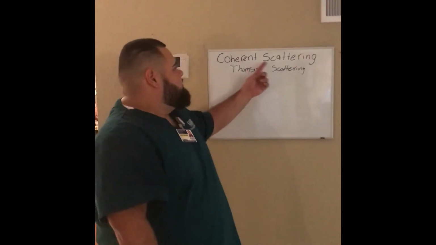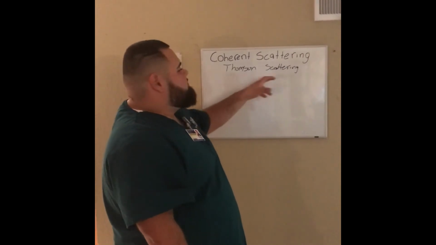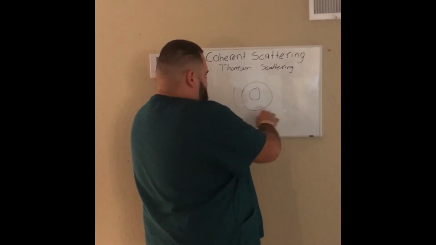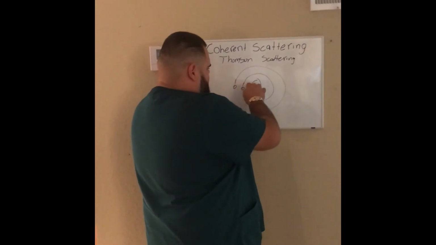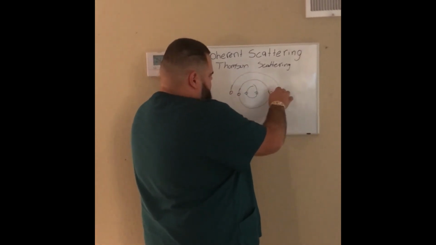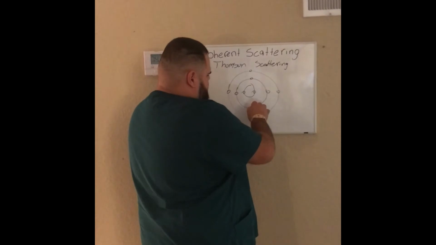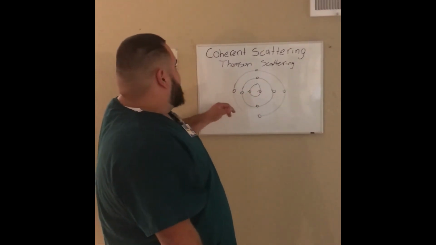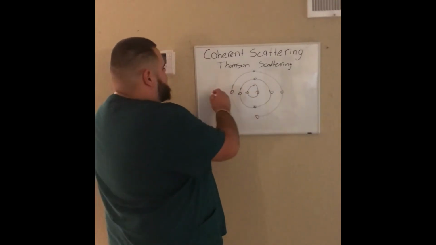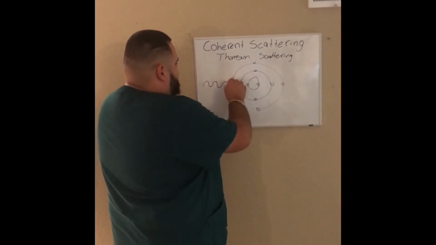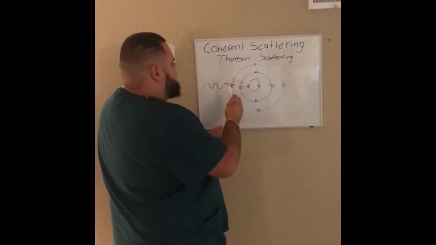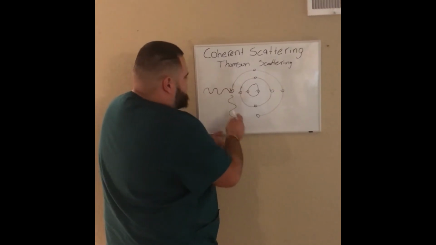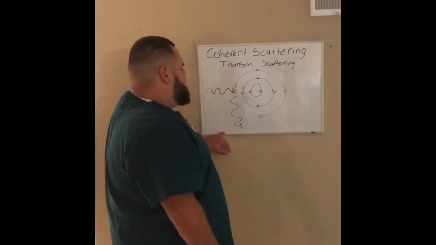The next type of coherent scattering we're going to be talking about today is Thomson scattering. Thomson scattering differs from Rayleigh scattering because in Thomson scattering, the initial X-ray photon interacts with just one electron, causing it to release an X-ray photon of the same wavelength as the initial X-ray photon.